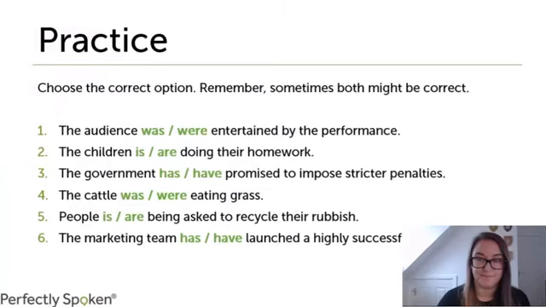I'm going to show you 6 sentences, and what I want you to do is to choose the correct option. So, number 1, the audience was or were entertained by the performance. Number 2, the children is or are doing their homework. Number 3, the government has or have promised to impose stricter penalties.